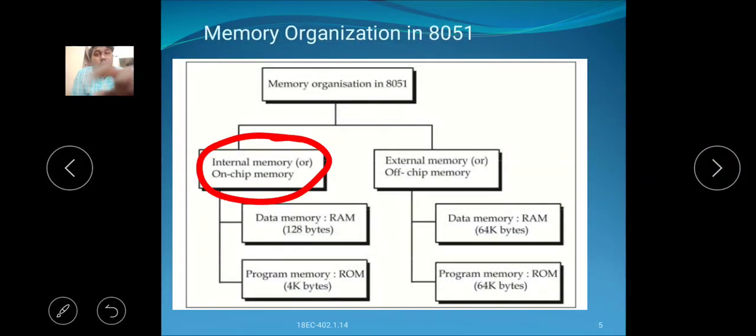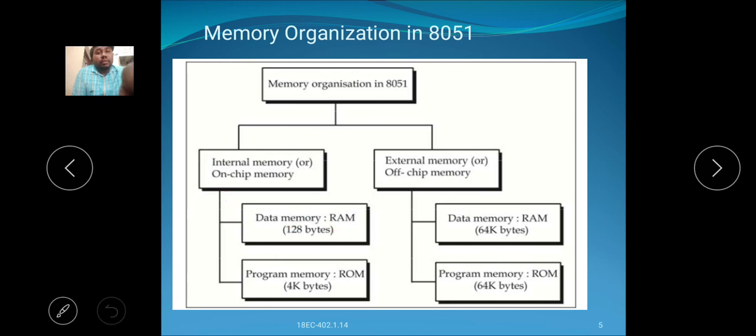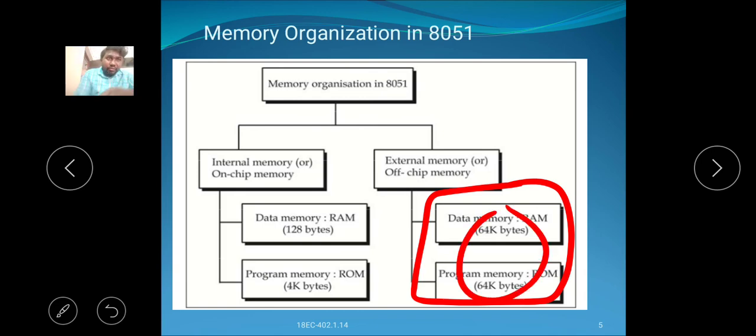External memory, the off-chip memory: data memory RAM 64 kilobytes, and program memory ROM 64 kilobytes. Easy to remember: on-chip data memory RAM 128 bytes, program memory ROM 4 kilobytes.